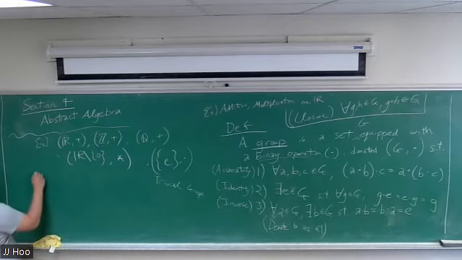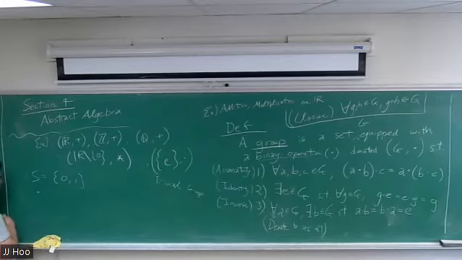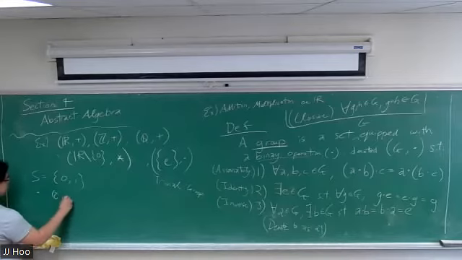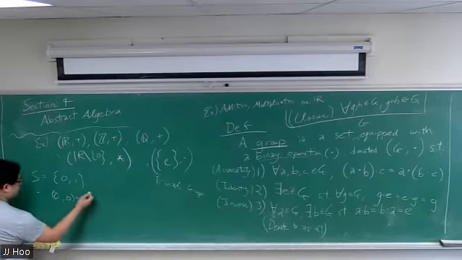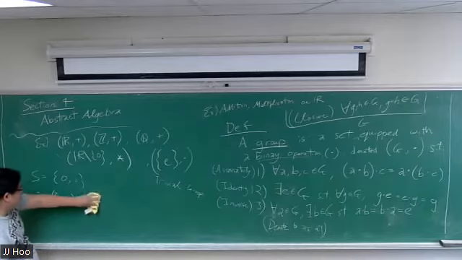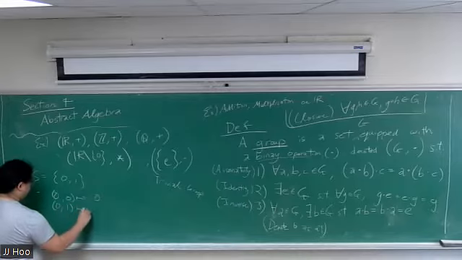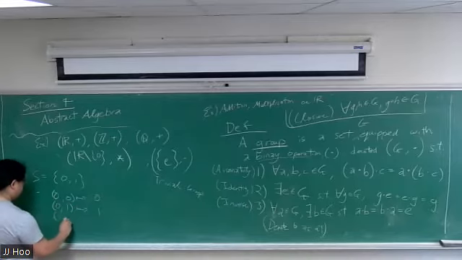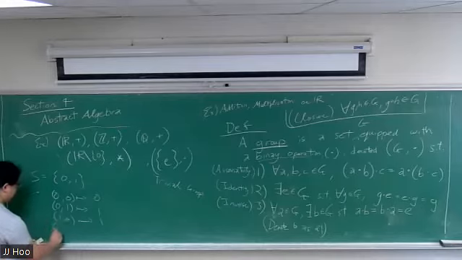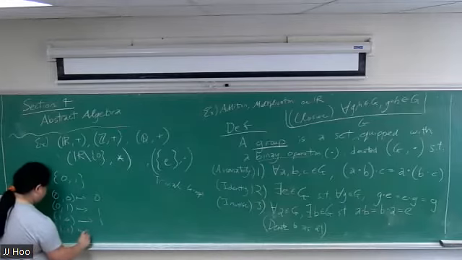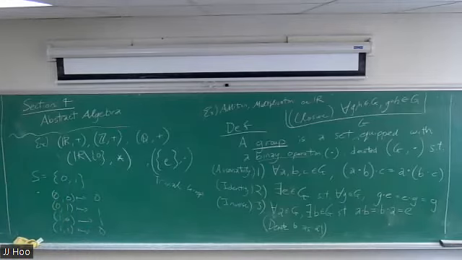So for example, let this be {0, 1}, and we'll say this operation is defined as follows: (0, 0) will map to 0, (0, 1) will map to 1, (1, 0) will map to 1, and (1, 1) will map to 0, right? This is how to define the operation.